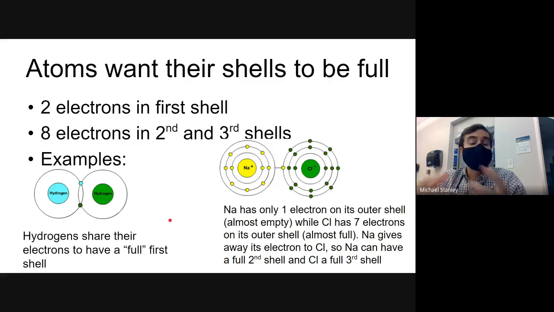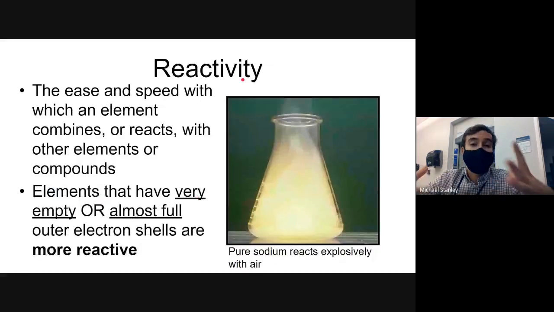So when they move their electrons around and put them in other shells or share them with each other, that happens during those chemical changes, those chemical reactions that we were talking about. And how reactive an atom is, we mentioned that was one of their chemical properties, is based on how quickly it wants to take or give away electrons in order to get that full shell.